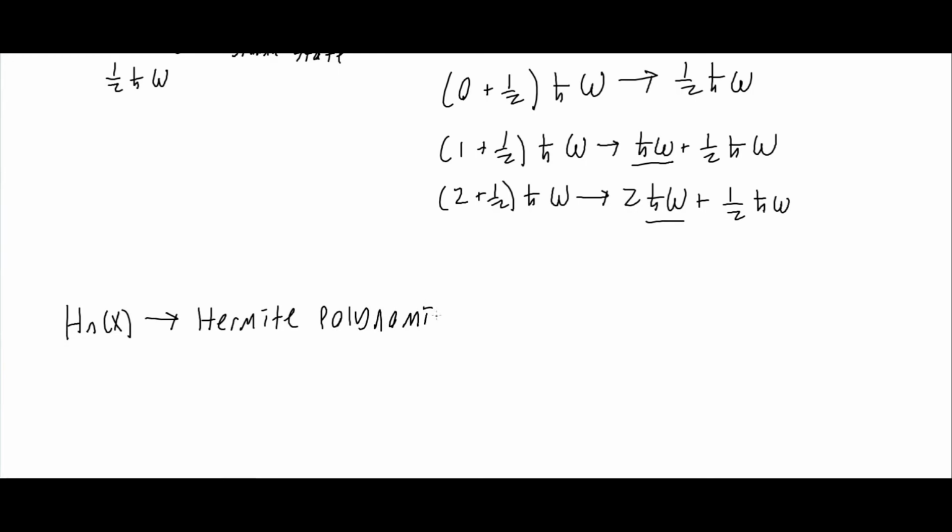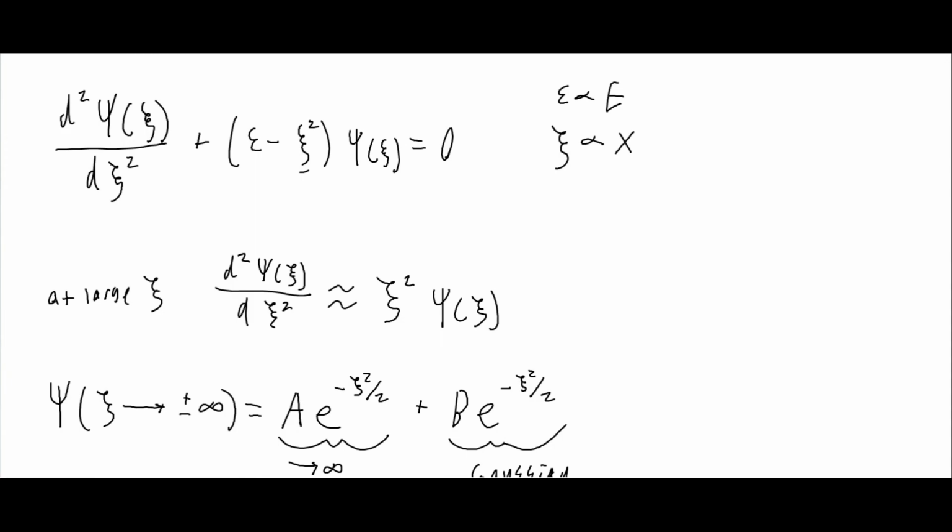That's what we're going to find in the next video. That's the main thing we're going to find. There's a little bit of other stuff as well, but that is what we're going to get to in the next video.